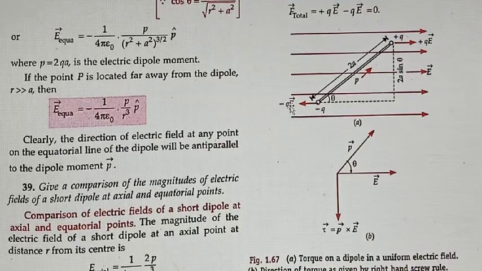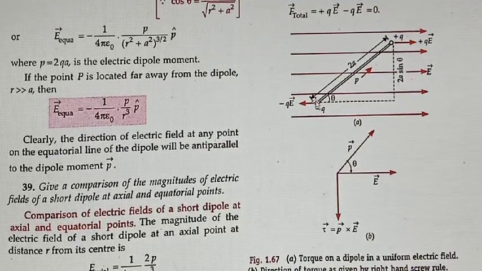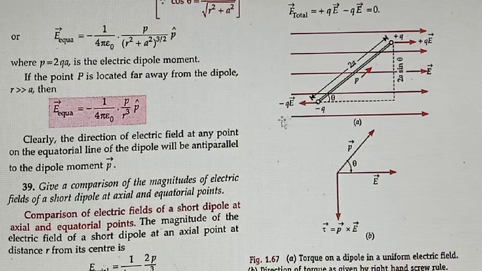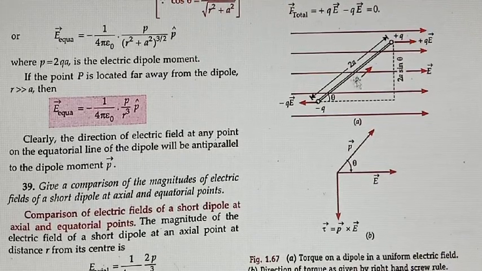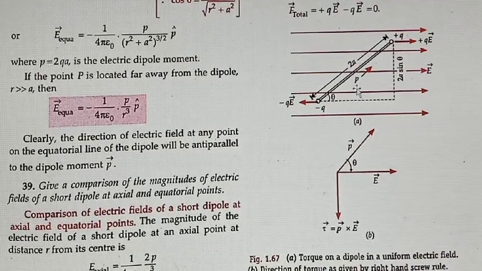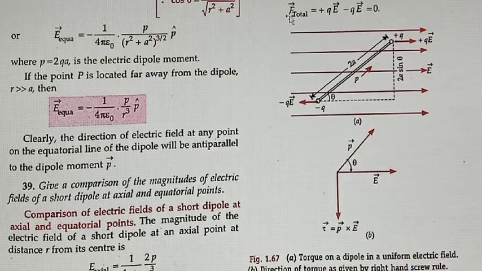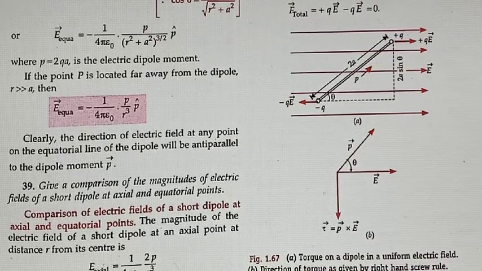But the magnitude of this force is equal to the magnitude of this force, that is QE. So that is why net force experienced by the dipole is equal to 0. So you can see F total is equal to QE minus QE is equal to 0.